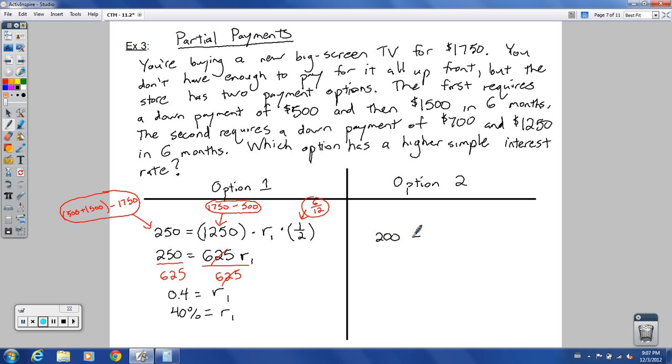So again, interest equals principal times rate times time. I equals PRT. So I'll color code this part now again. This number is coming from the fact that 700 plus 1250 minus 1750 equals 200.